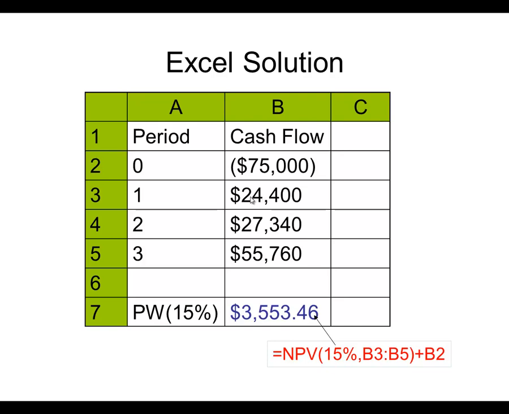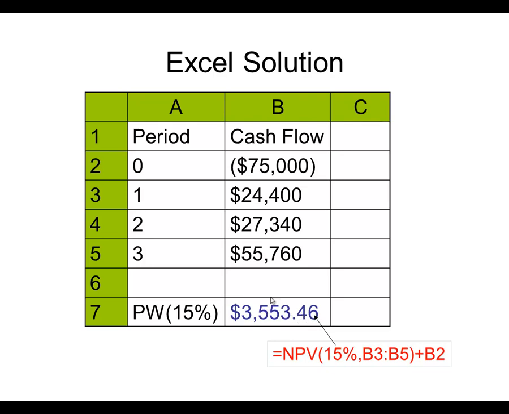So we have the inflow, the gain from B3 to B5, and we have the outflow or the payout of pocket, which is B2.